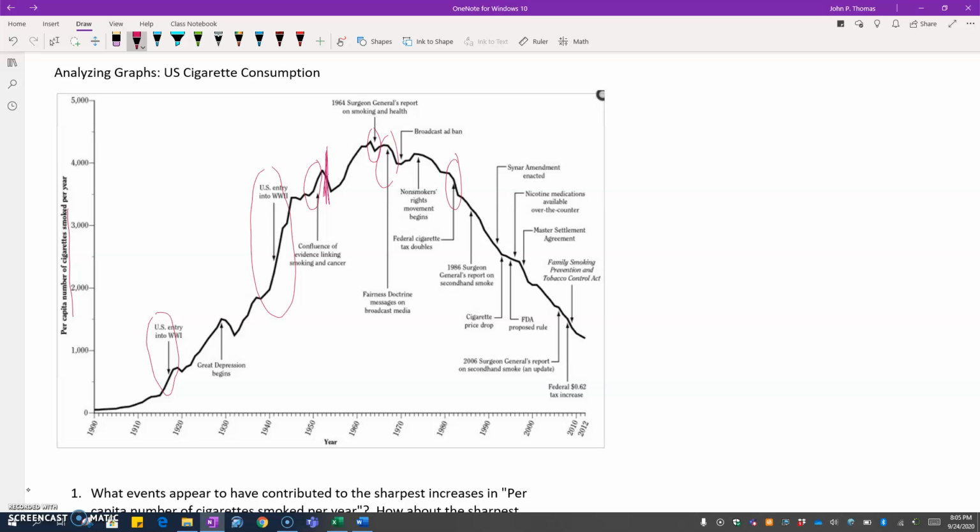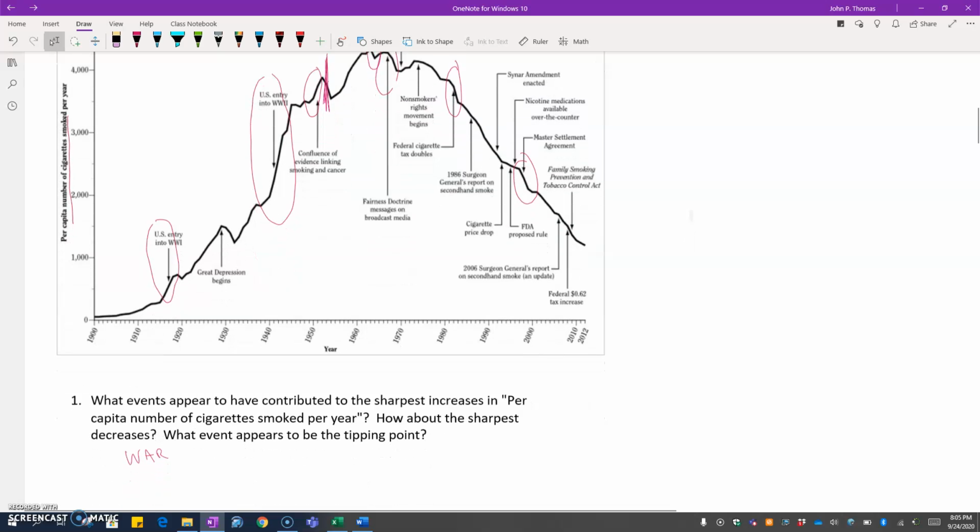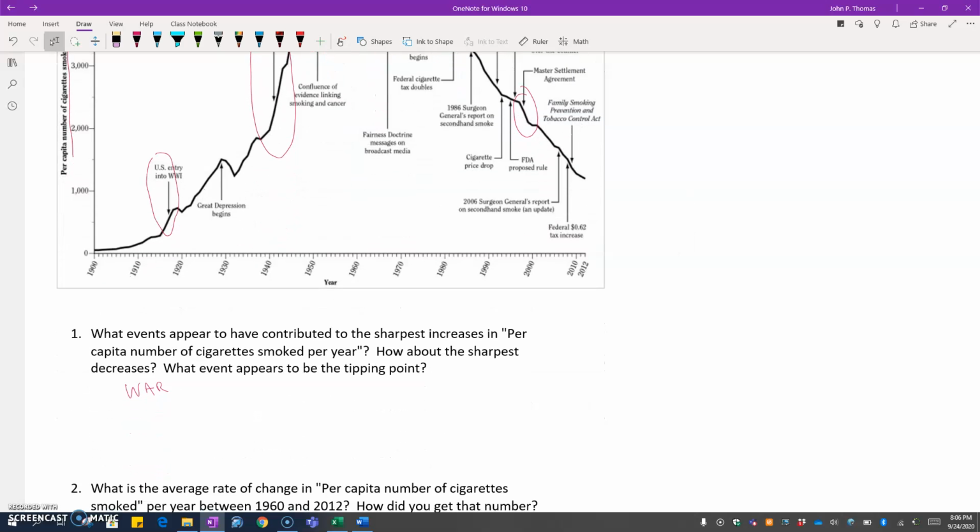We had a sharp decrease there, and then another sharp decrease right there. What I felt is that those tended to deal the most with either taxes, so increased cost, or some type of legislation or legal settlement associated with cases against the cigarette manufacturers.